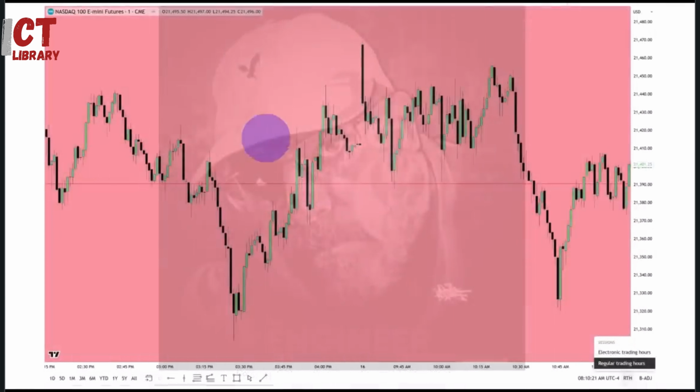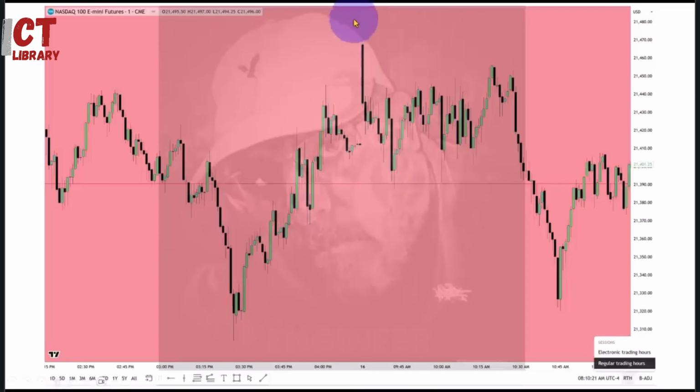Right, so take a look in the lower right hand corner. You can see that the chart now is toggled to regular trading hours, RTH. So we're going to see the gap, the difference between the previous day's settlement price at 4:14 p.m. Eastern time to where we open at 9:30 Eastern time the very next trading day.